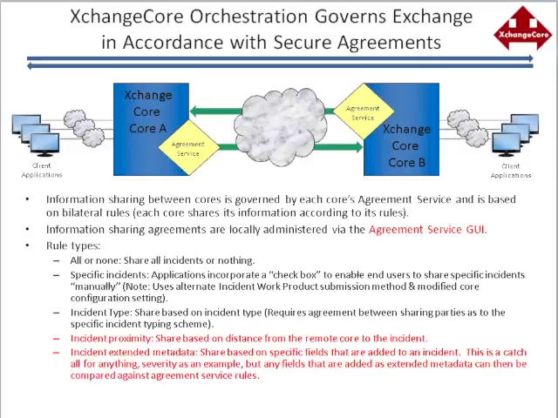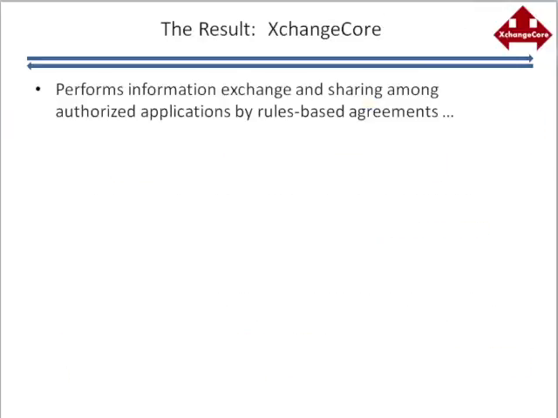So if we go on to the next slide, just want to get you to the results of what XchangeCore does. First of all, it performs that information exchange and sharing, just like we've always talked about, among authorized applications through those rule-based agreements. You've just seen how the rules have gotten more sophisticated.